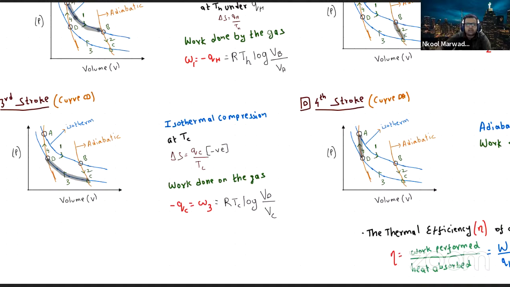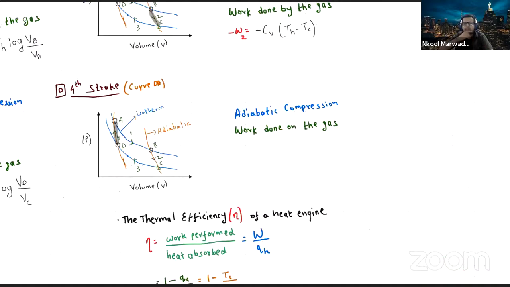And finally the fourth stroke. In the fourth stroke, we have an adiabatic compression. And since adiabatic compression is there, no heat transfer will take place. It means that we break the connection of the gas particles from the cold source, the cold sink. We break it.